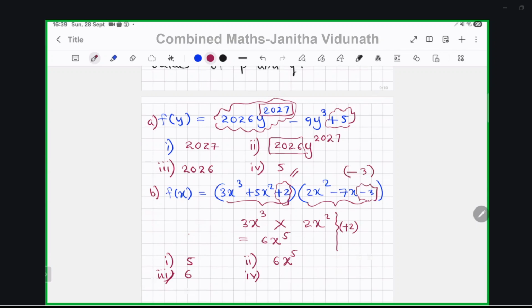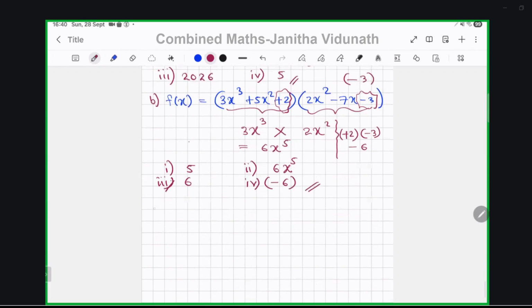The multiplication of those two terms gives the constant term of the whole function, that means negative 6. Then the constant of the whole polynomial is negative 6. Those are the answers for part B.